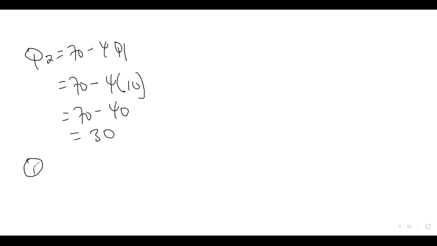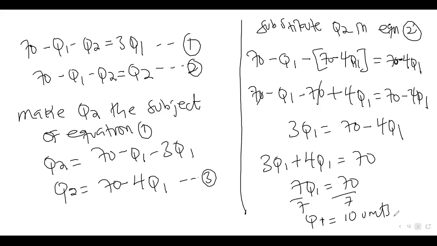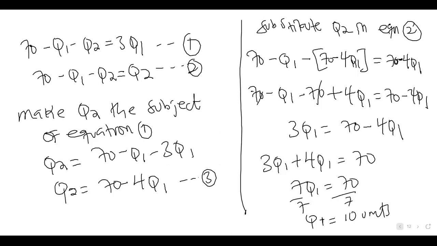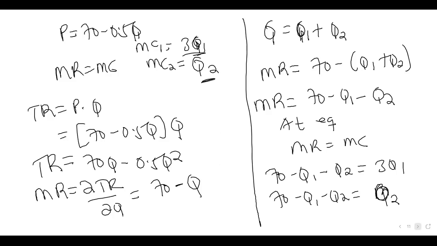It means that the total output generated by the two plants will be 30 plus Q1, which was 10. So 10 plus 30. So the total output generated by the two plants will be what? 40. And since the price depends on the total output, the price was given as 70 minus 0.5Q.